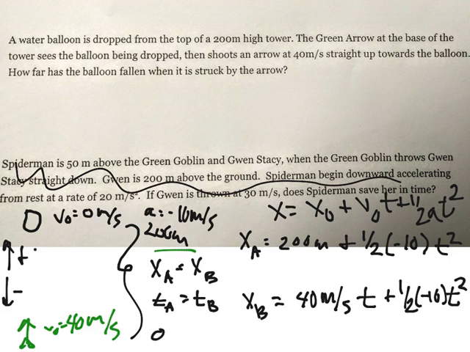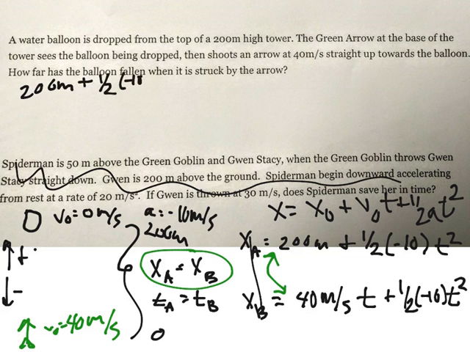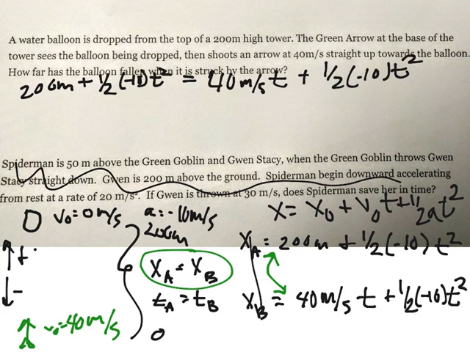And we already talked about earlier that these two things must be equal. That means these two equations must be equal. So you want to set them equal to each other so you can cross out this variable. So you have 200 meters plus 1/2 times negative 10 t squared is equal to 40 meters per second times t plus 1/2 negative 10 t squared.